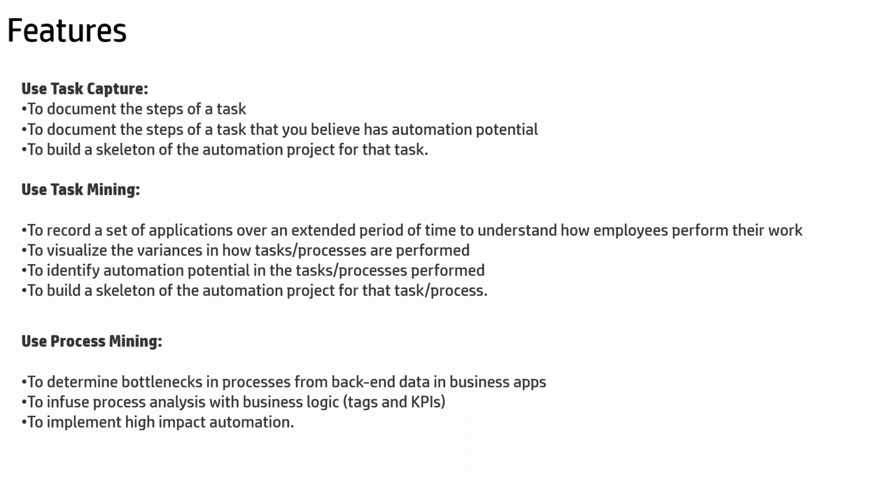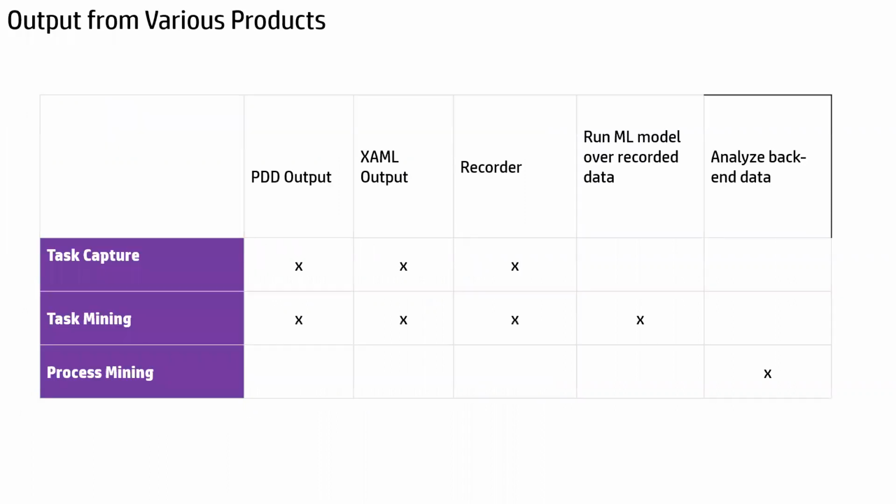Generally, process mining has huge records you're processing. The transaction volume is really high. In terms of output, we have the PDD, the process design document, your YAML output, the recorder model when it is required, and backend data. So if you see these three tools, the comparison with task capture and task mining, these outputs remain the same.